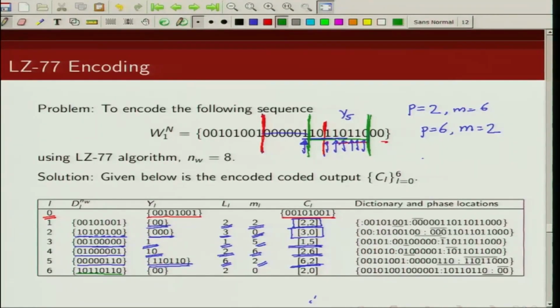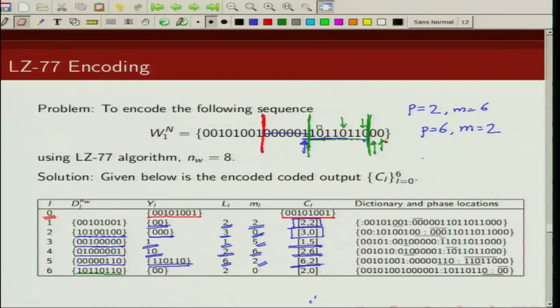Okay, I again look for the maximum match. Let's just clean up a little bit. So I look for the maximum match. 0. Is there a match of 0? Yes, that's this, that's this, that's this. What about 0 0? There's no match of 0 0 here.